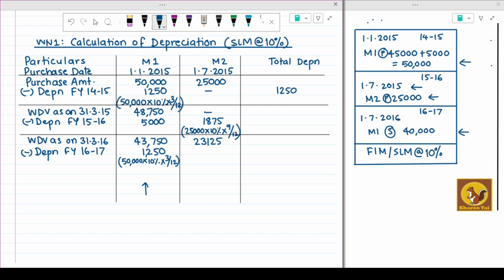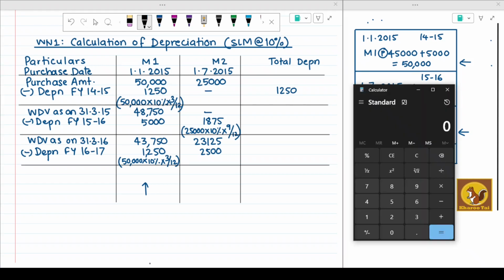And second machinery was used for whole year. So the depreciation will be 25,000 into 10%, that is 2,500. So with this, we can calculate WDVs. 43,750 minus 1250 is 42,500. 23,125 minus 2,500 is 20,625.